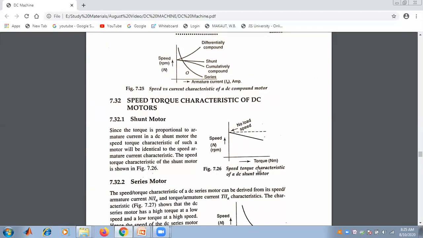This is the speed versus torque characteristics of a DC shunt motor, where the speed is in RPM and torque is in Newton meter. This is called the no-load speed, and it is identical to the speed armature current characteristics for the DC shunt motor.